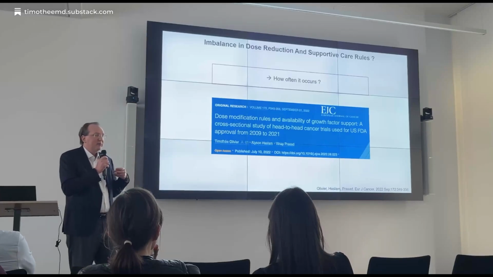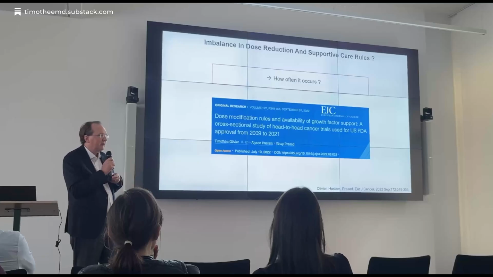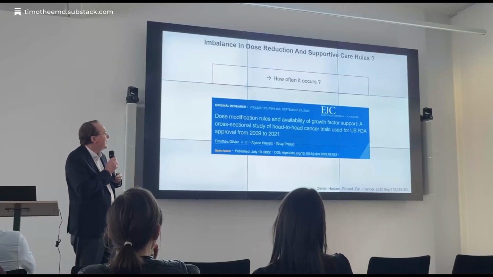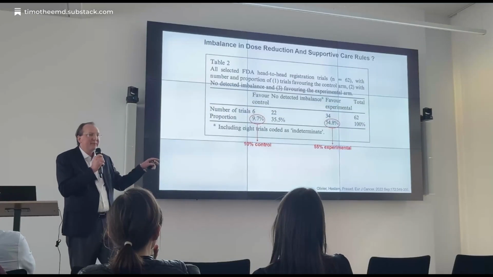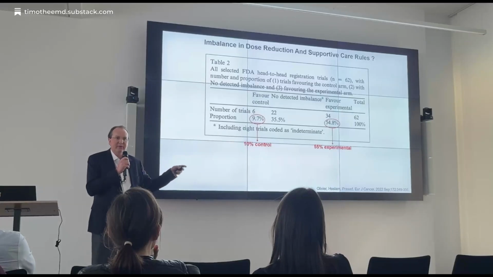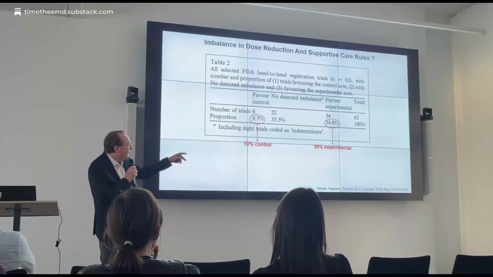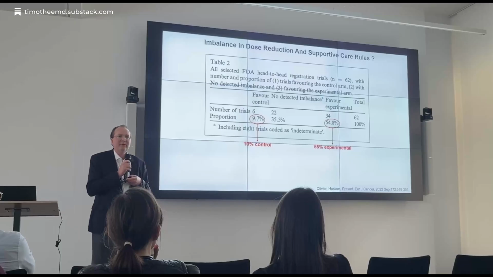And our findings are that in 10% of them, the rules were favoring the control arm, okay? But in 55% of them, it was favoring the experimental arm.